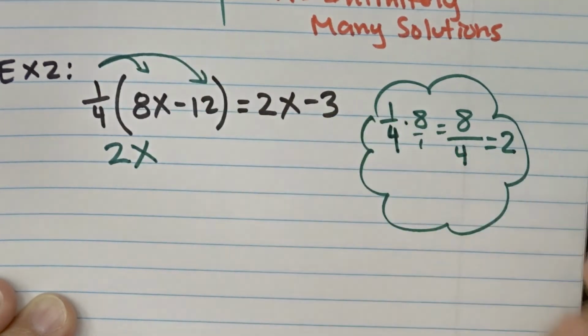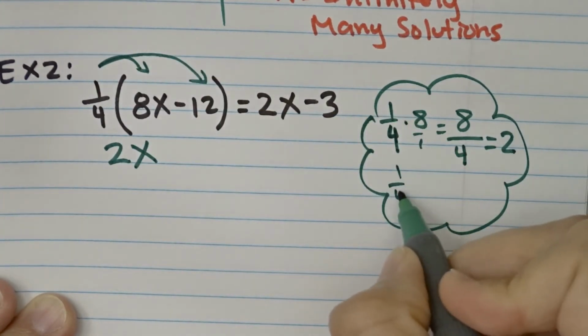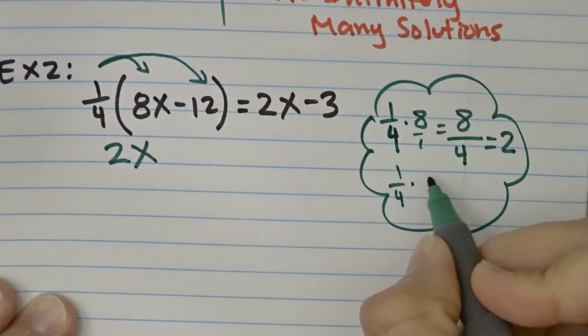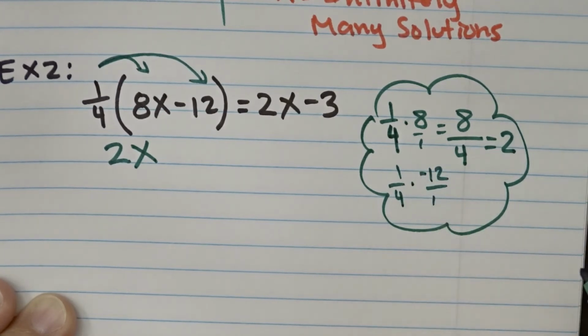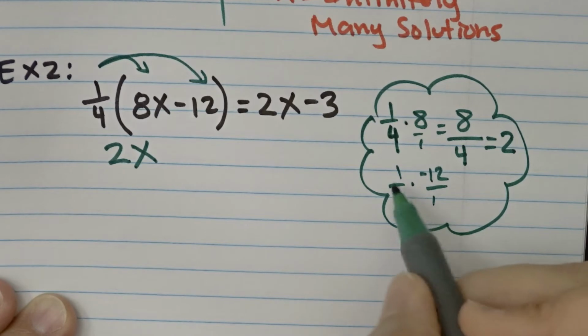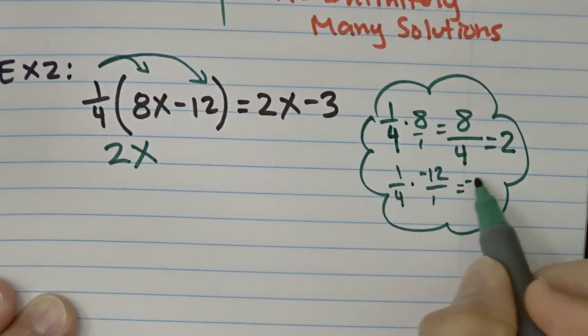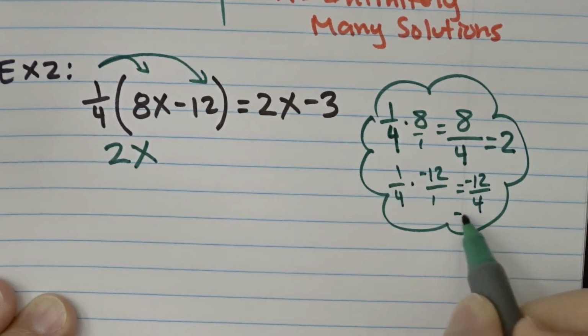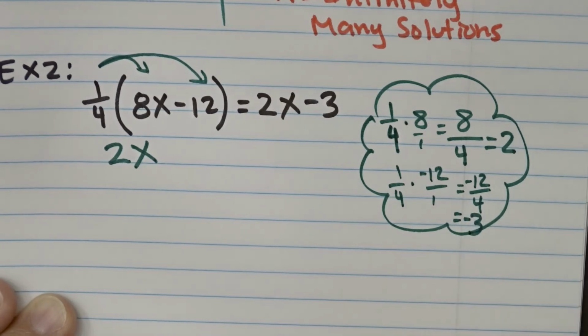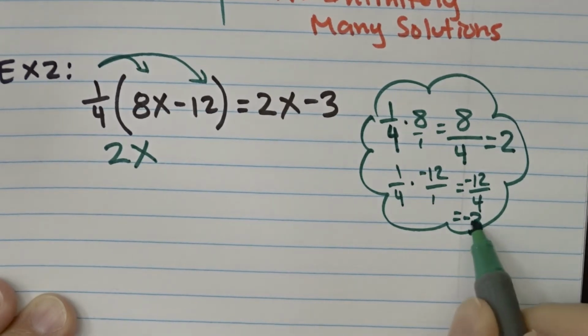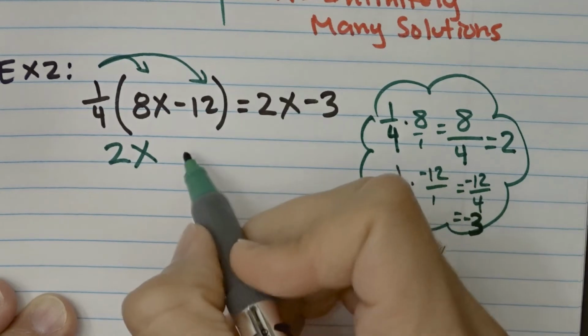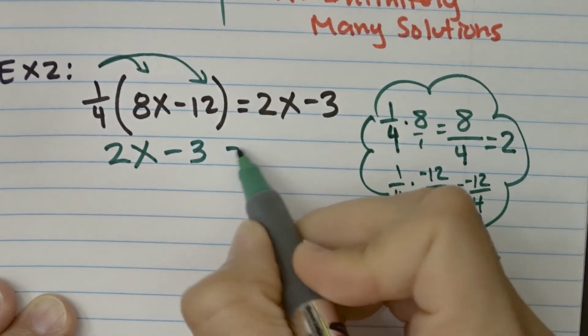And then 1/4 times negative 12. Put a 1 under it, so it looks like a fraction also. Then you get negative 12 over 4, and that equals negative 3. So that means that the second arrow is going to give me negative 3.